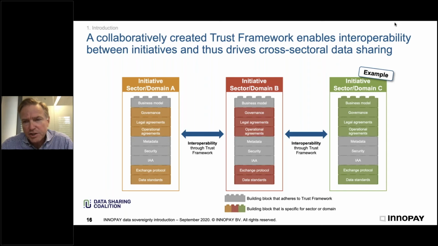It's called the Data Sharing Coalition, where existing initiatives, so parties who are already sharing data of different sectors, came together and acknowledged the fact that there is interest and attractivity to create cross-sectoral data sharing, and that every data sharing initiative can learn from each other. So it is a very much bottom-up approach, which leads to more structuring of things which most parties already do.